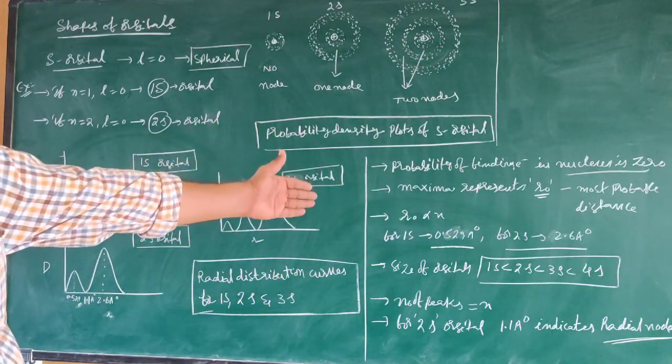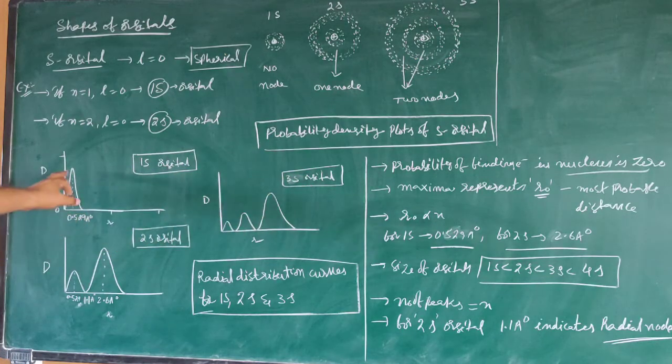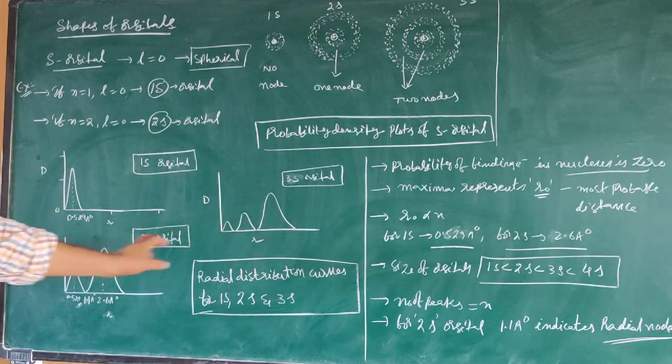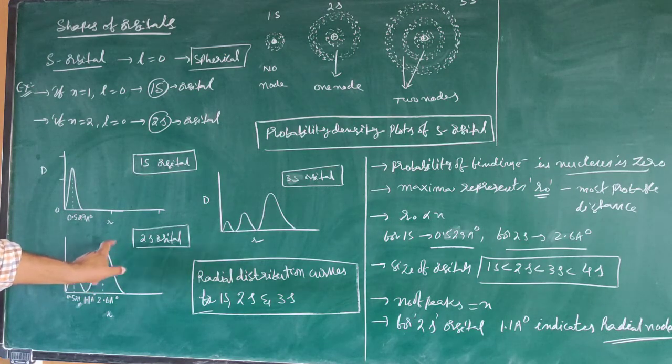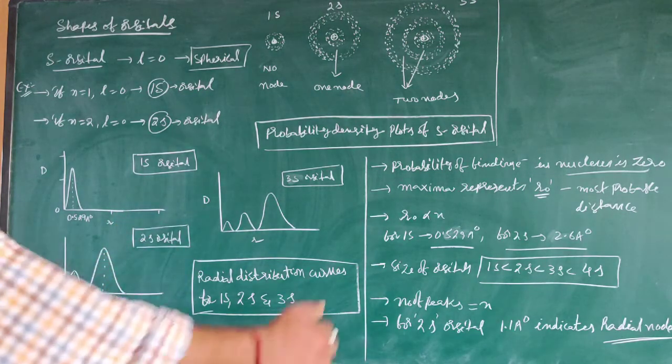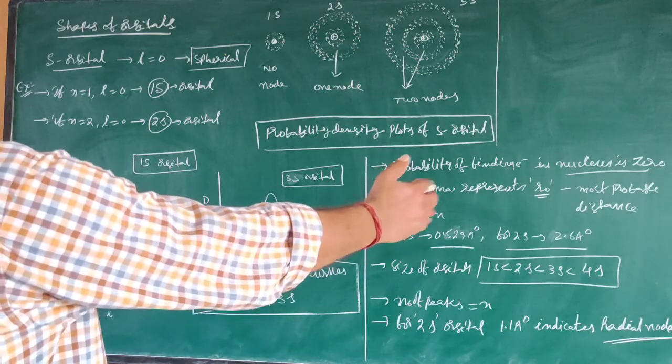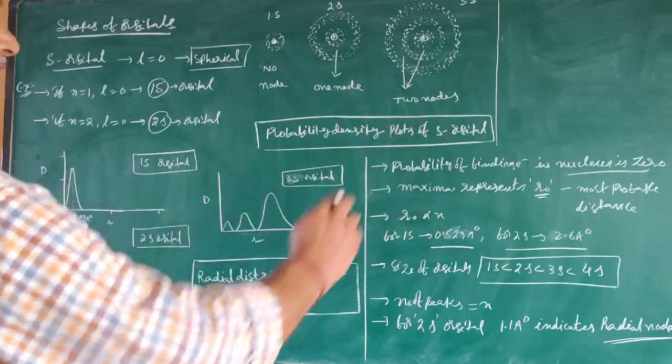For the first orbit, that is around 0.529 or 0.53 angstroms. For the second orbit, this is 2.6, the maximum. The size of the orbitals increases like this: 1s, 2s, 3s. That is the increasing order.